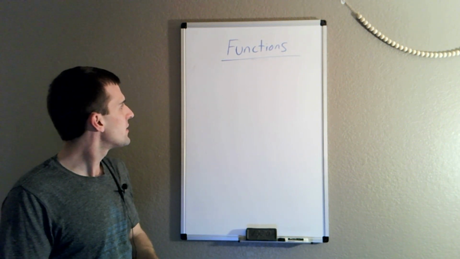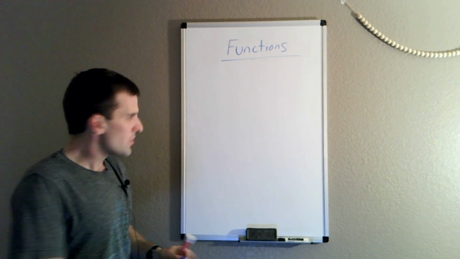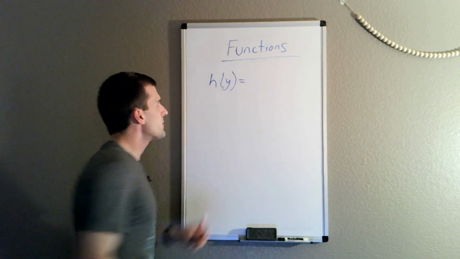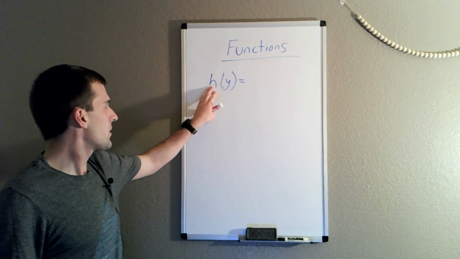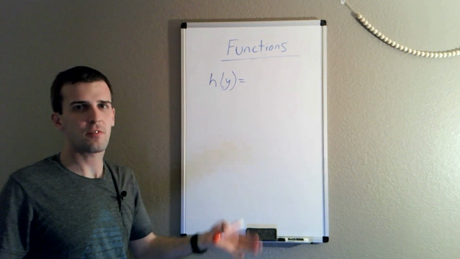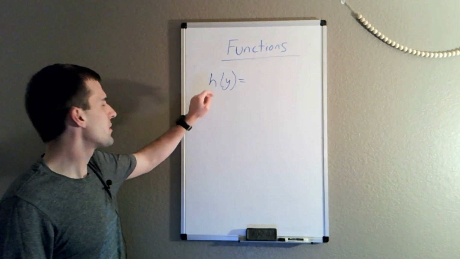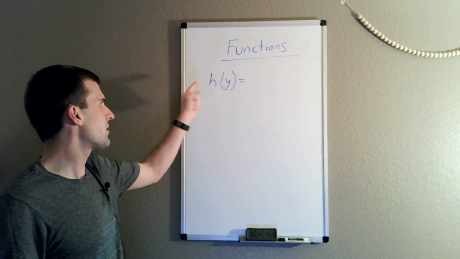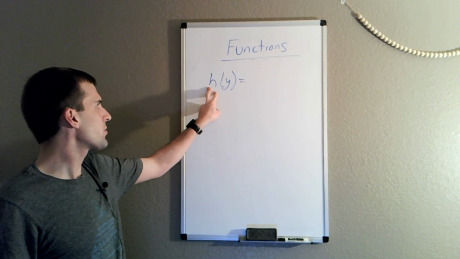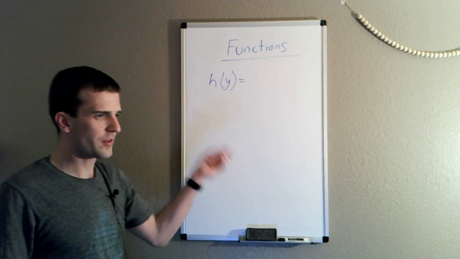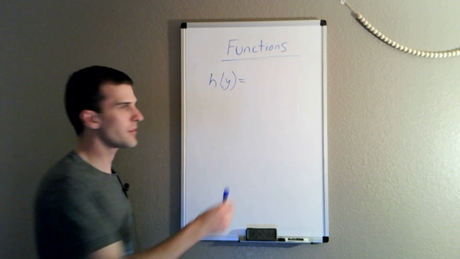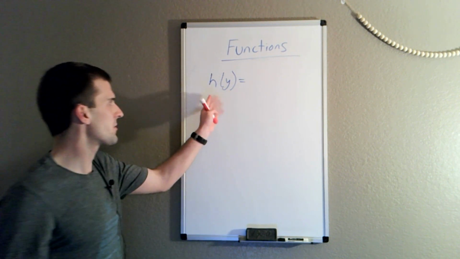So let's do h of y. In physics, a lot of times you'll look at equations having to do with height off the surface. So here this is a function, let's just say the height, h for height, that we're looking for. Let's say it's like a ball being dropped or something, and we'd have some type of equation over here defining what the height's going to be at different values of y.